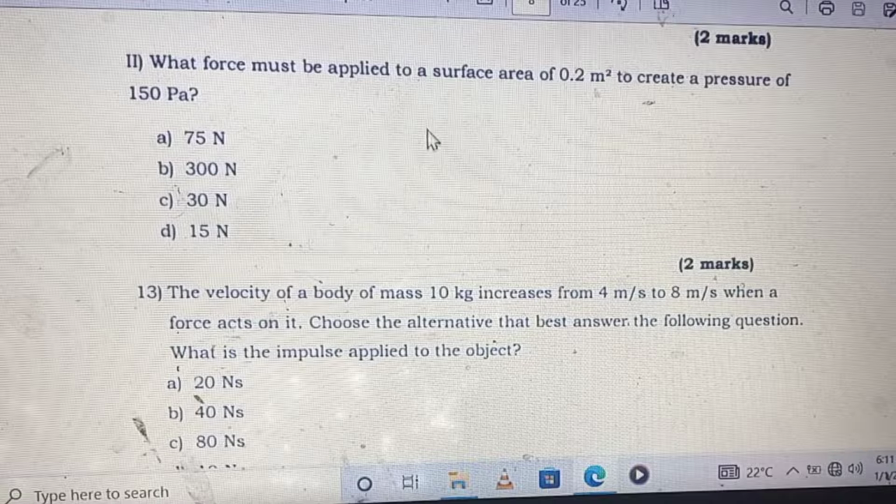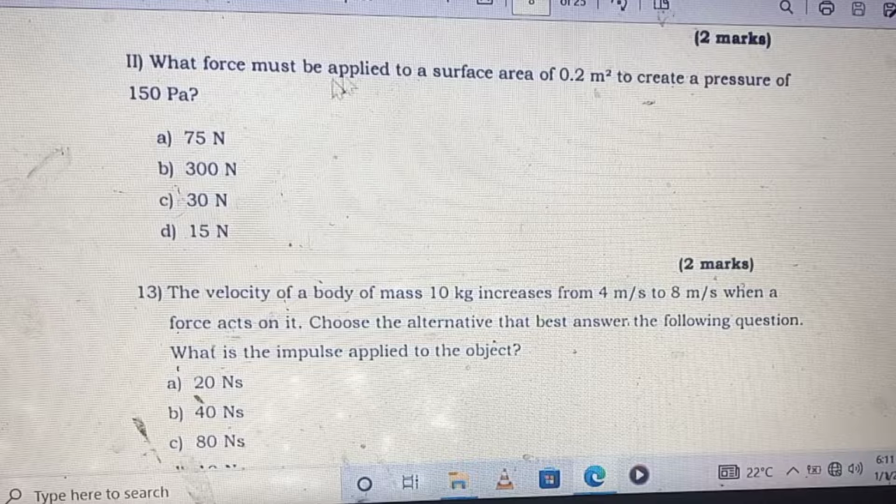This comes from the formula of pressure equals force over area, which means force equals pressure times area. We take this pressure times this area, we get 30 Newton.